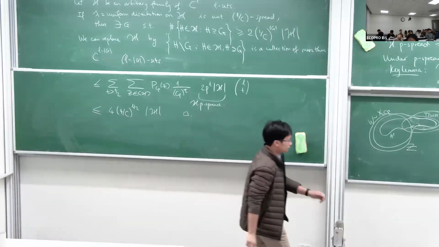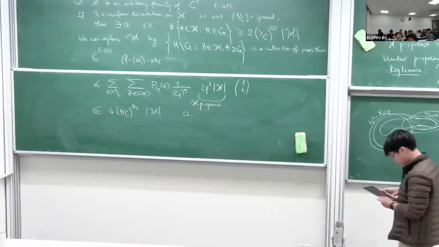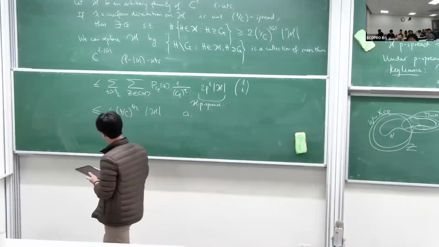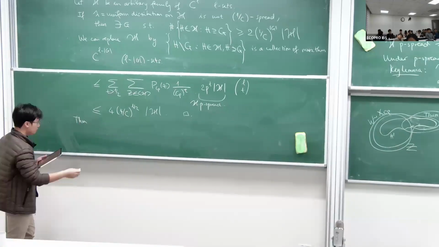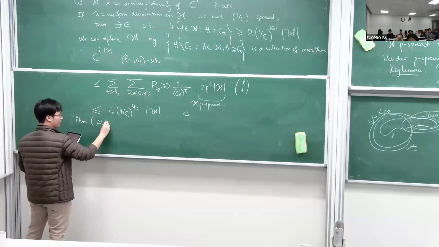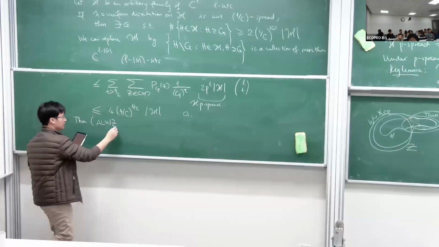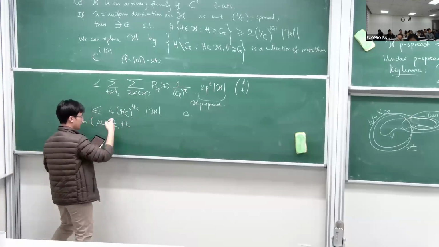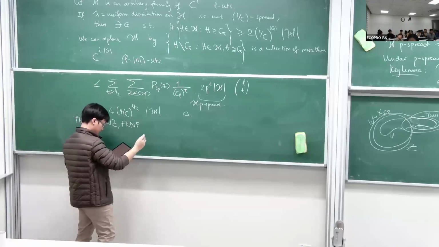Okay, so with that, let me now state what we know best now on sunflower. So let me say that this is an output of a sequence of many works. So starting from the sunflower breakthrough, and then the fractional Kahn-Kalai conjecture.